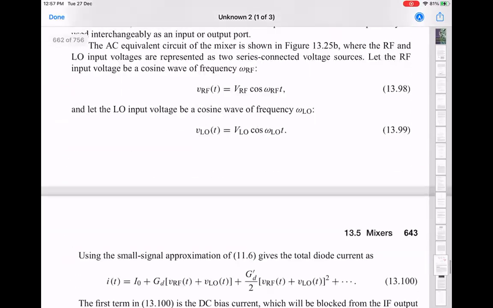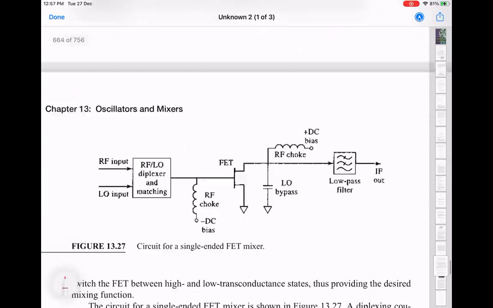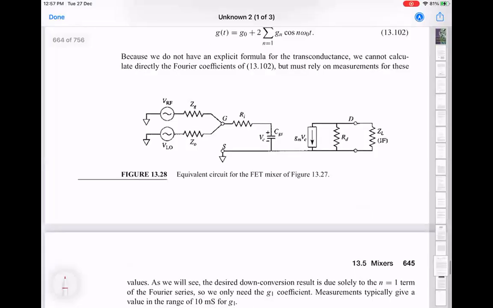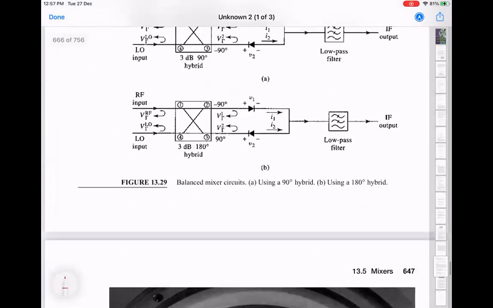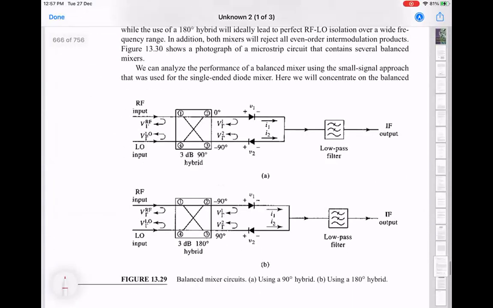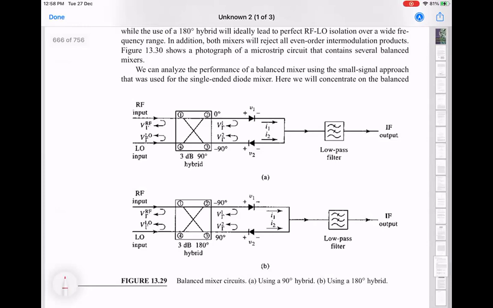You then go to do other kinds of tricks. So a few of them are shown here. So this is called a balanced mixer, where the combination is not being done by a coupler, but by this 3 dB hybrid or 90-degree hybrid or a 180-degree hybrid.